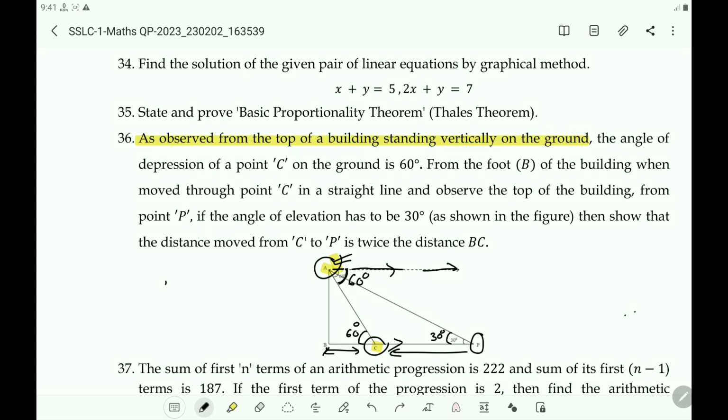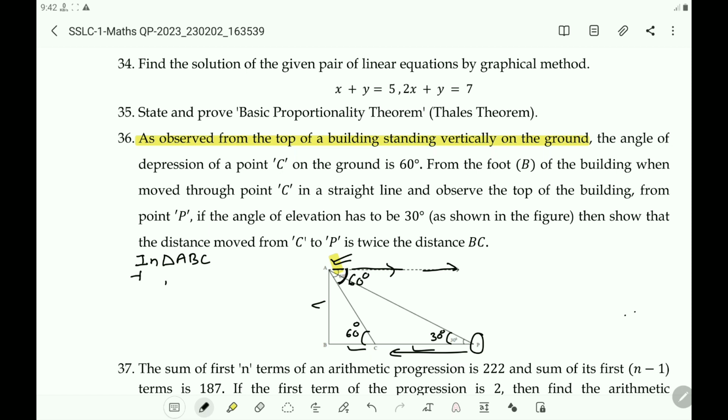So you take the triangle ABC. In triangle ABC, that is a right angle triangle. Here what we have to find out? We have to find BC, CP, and AB is not given, but here AB is the opposite side and BC is the adjacent side.